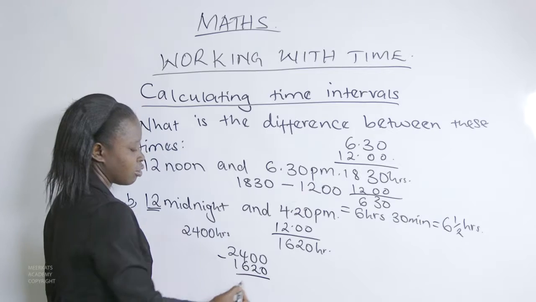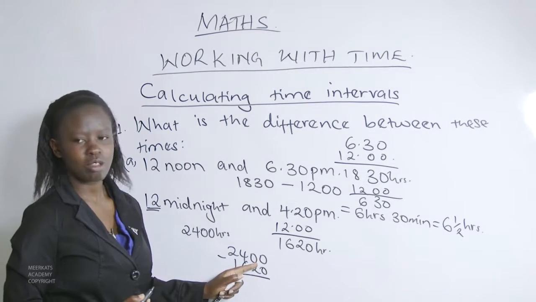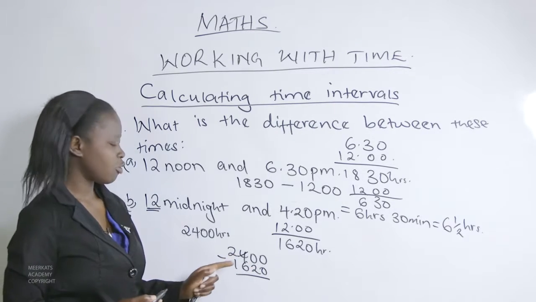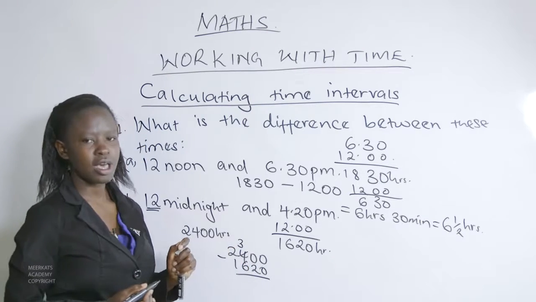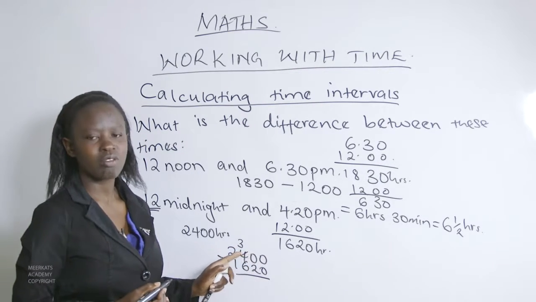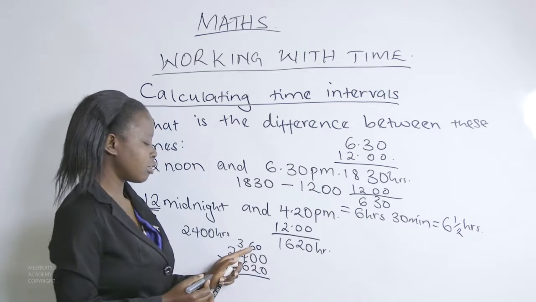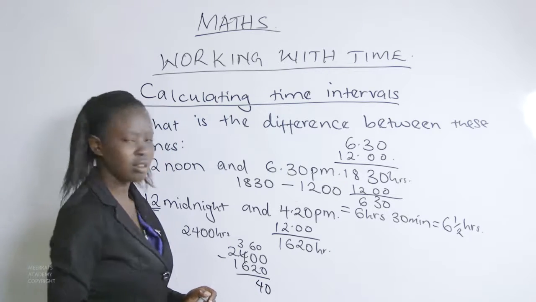So when we subtract, we have 20 minutes cannot be subtracted from 0 minutes. So it means I borrow 1 hour from the 24 hours so that I will remain with 23 hours. And 1 hour, when we convert it to minutes, then we have 60 minutes. So I have 60 minutes minus 20 minutes. That gives me 40 minutes.